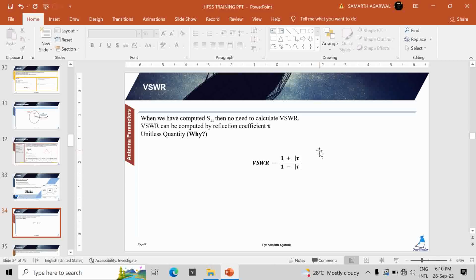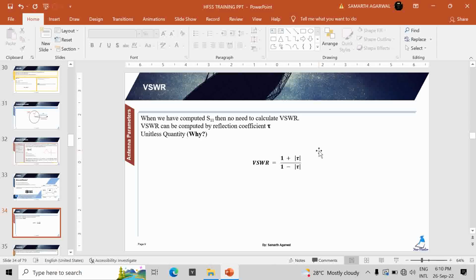VSWR is also related to the reflection coefficient, tau: VSWR equals 1 plus mod of tau divided by 1 minus mod of tau, where the modulus of tau means we are taking the real and positive part only of S11. I already discussed that if 100% transmission occurs, tau is 0, and then VSWR is 1, which is the ideal value.